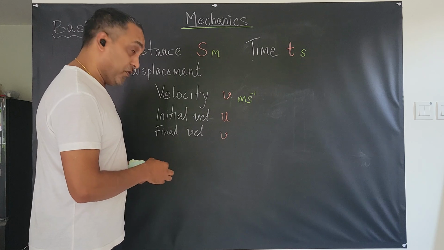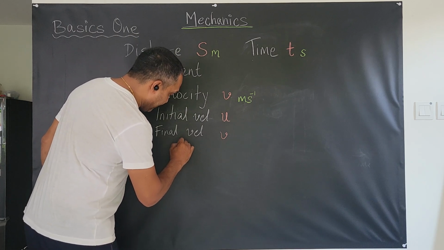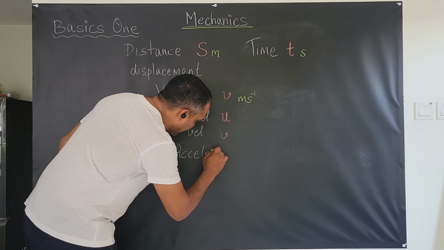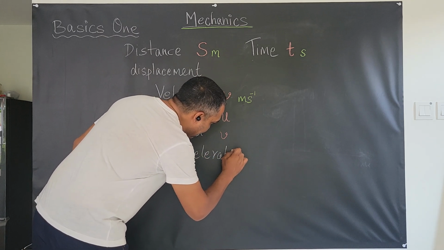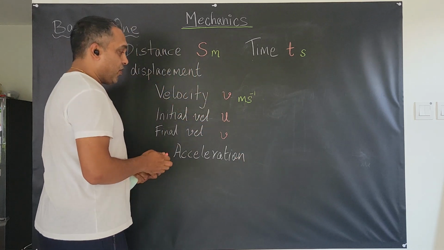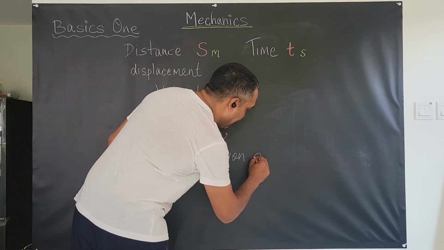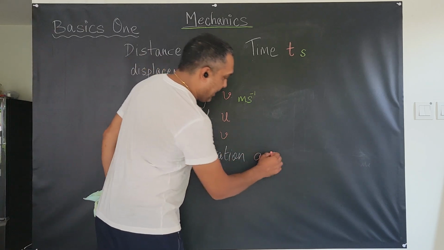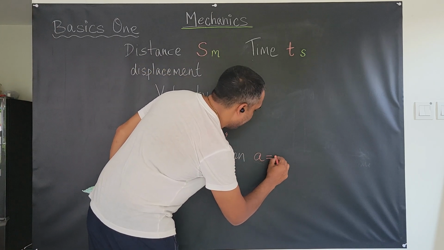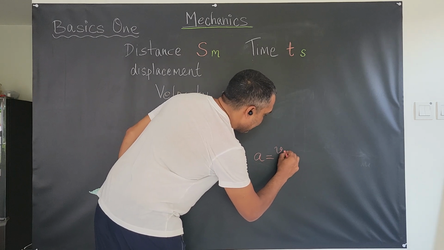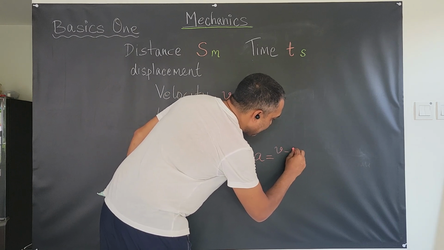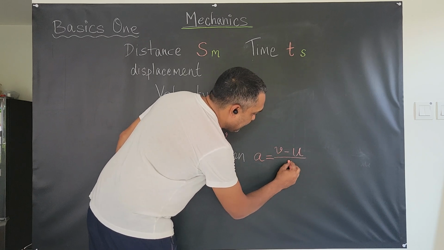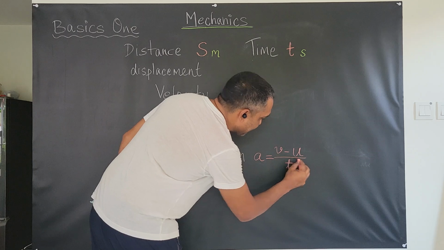That introduces us to the next most important variable that we'll develop, and that is called acceleration, almost always denoted as a. And you might say in simple terms, a can be thought of as being equal to final velocity v minus initial velocity u, which is the change in velocity over time lapsed.